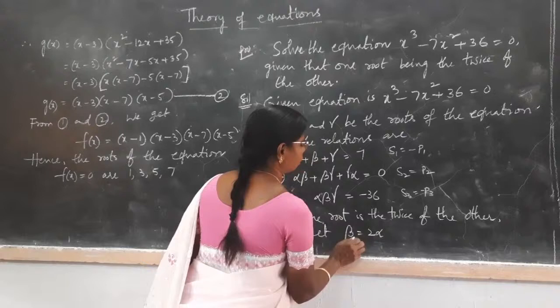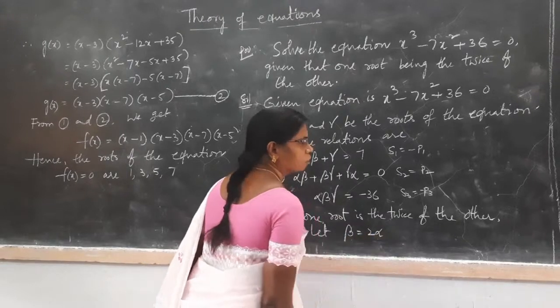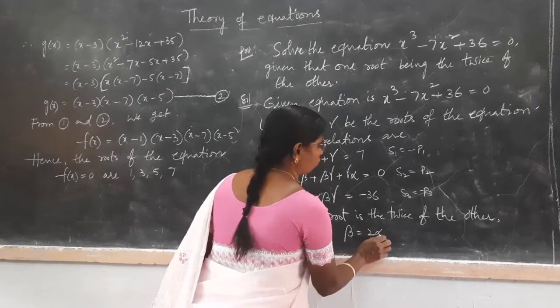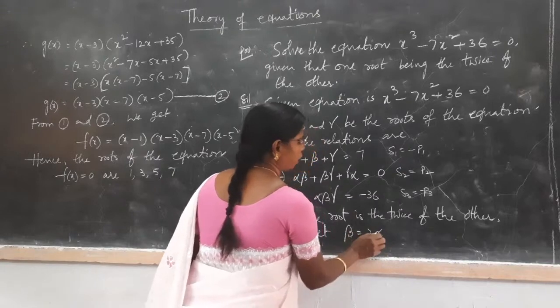One root, that is beta, is twice the other. Okay, beta is equal to 2 alpha. That means one root is twice the other.